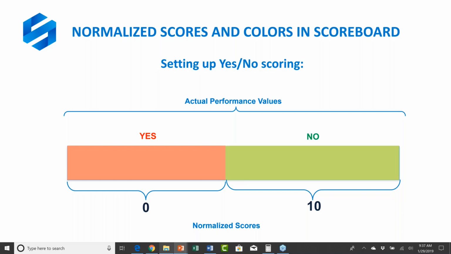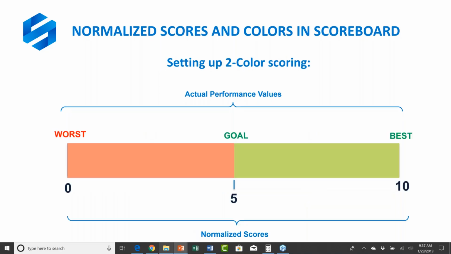in a green color. And then lastly, in terms of this binary, red and green type coloring, is the 2-color scoring, where in this case, you're providing a worst value, a goal value, and a best value. Now, be aware that the goal value does not always have to sit right smack in the middle between your user-defined worst and your user-defined best.